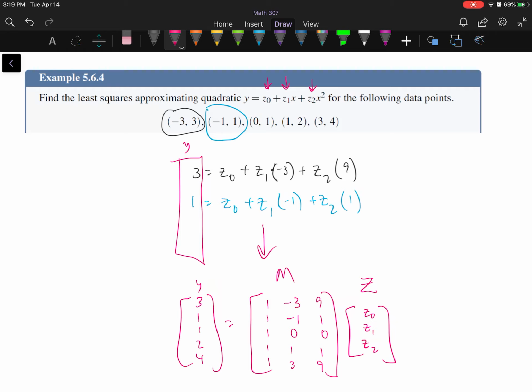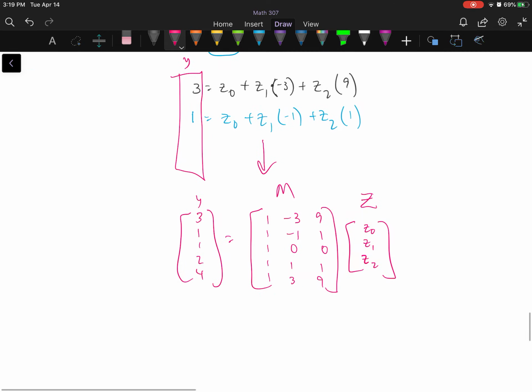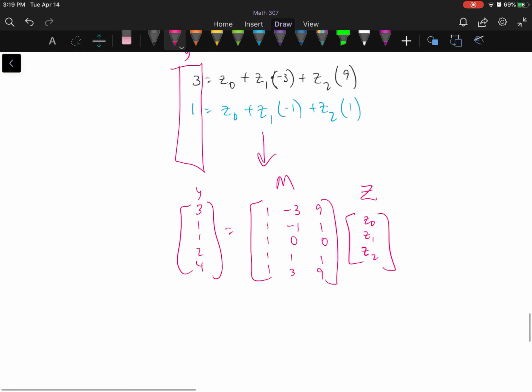And again, in order to solve it, we would multiply by M transpose on the left on both sides, then row reduce. The normal equations would be a 3x3 system of equations.